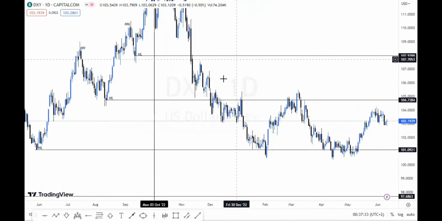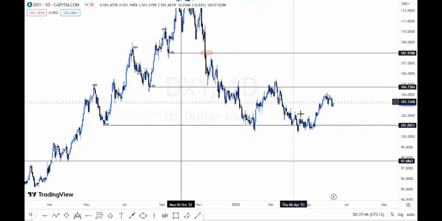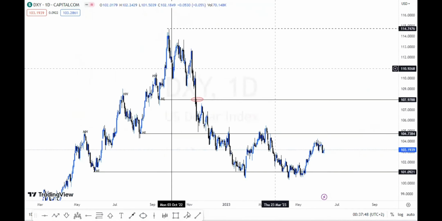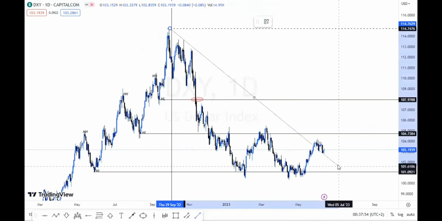Obviously, the trend was reversed as soon as this level was broken. We all know that by now. And then from there it was a downtrend. It was playing right under this trend line according to my analysis. The trend has been respecting this line.